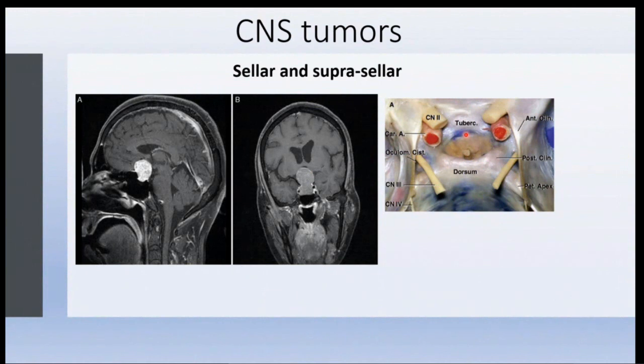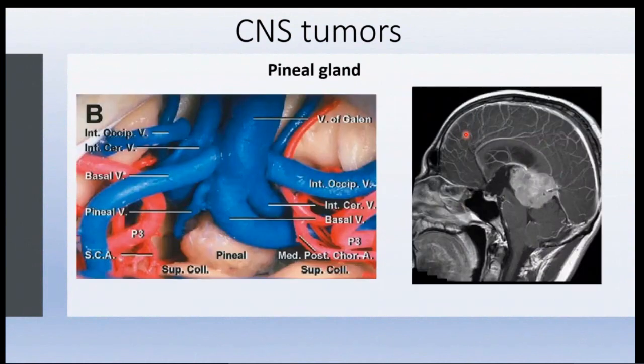The pineal area, if you remember from your anatomy, we have the tegmentum and the septum of the midbrain, and below that there's the pineal gland towards the end of the corpus callosum and the beginning of the septal plate. The pineal gland can sometimes cause tumors like germ cell tumors, which are rare, and we see them in childhood.